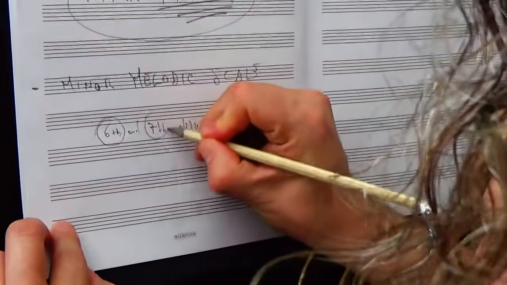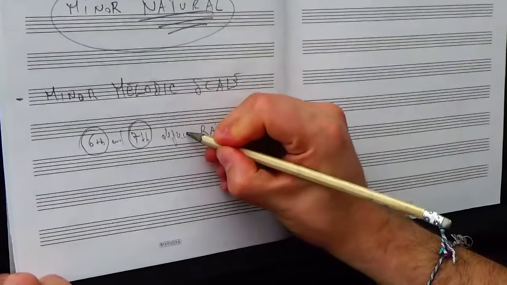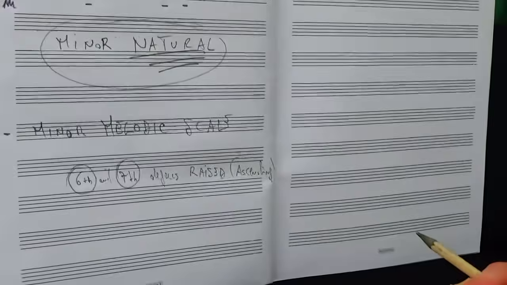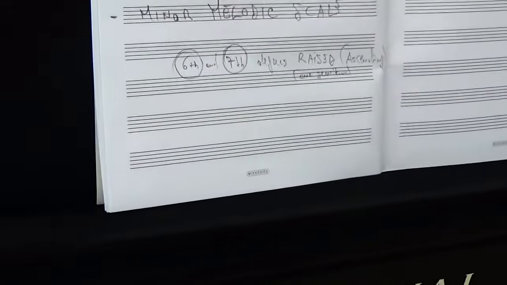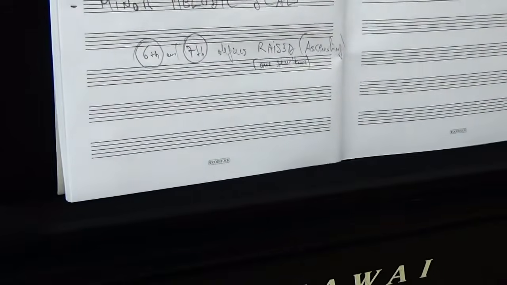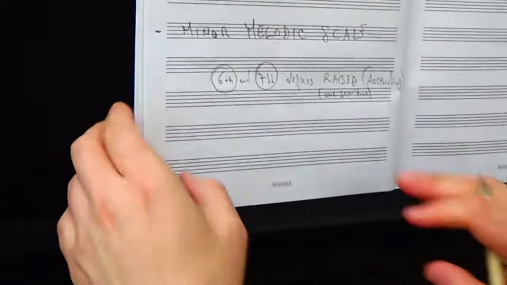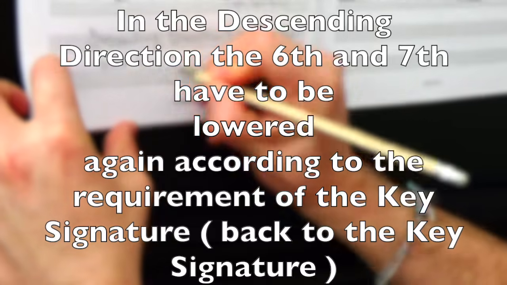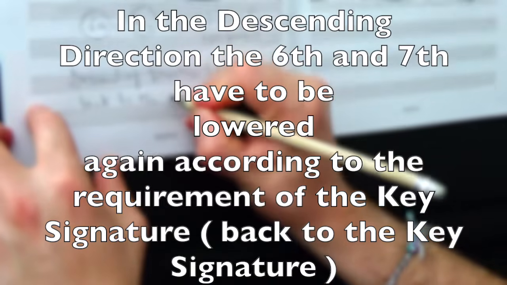So 6th and 7th degrees of the scale raised by one semitone. When you go down in the descending direction, back to the requirement of the key signature. 6th and 7th, back to the requirement of the key signature.